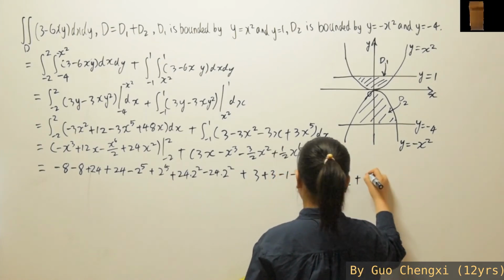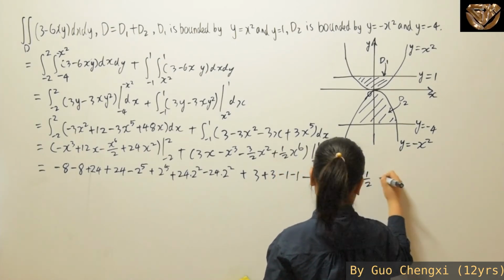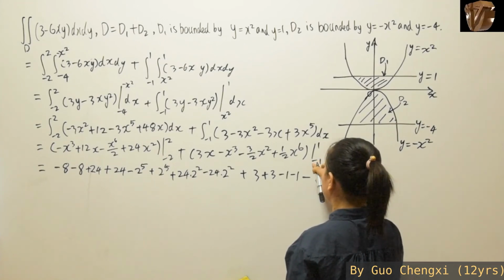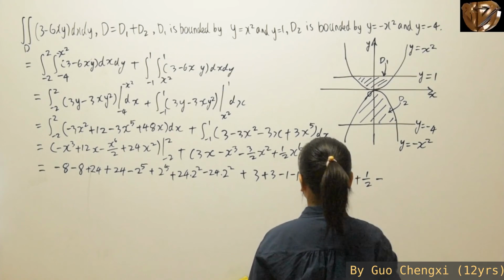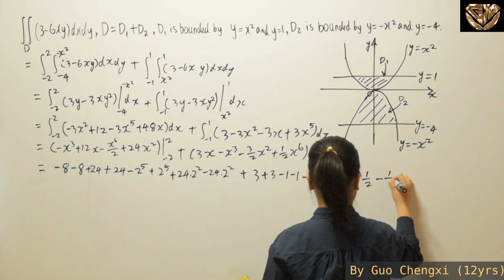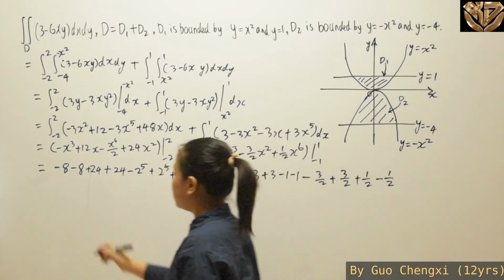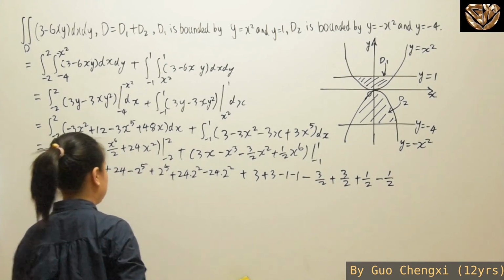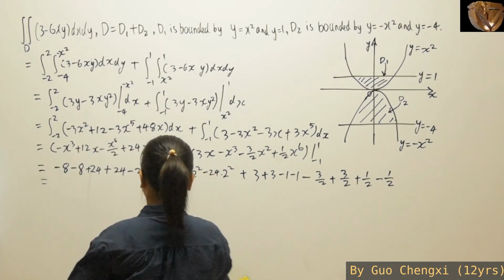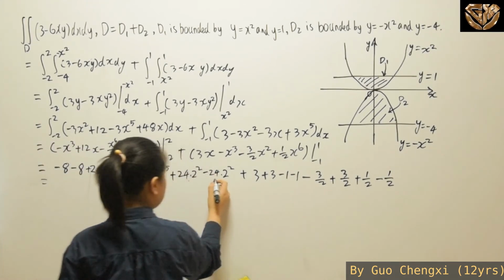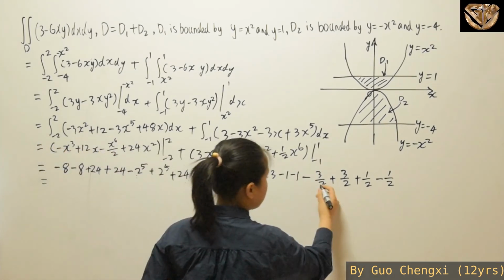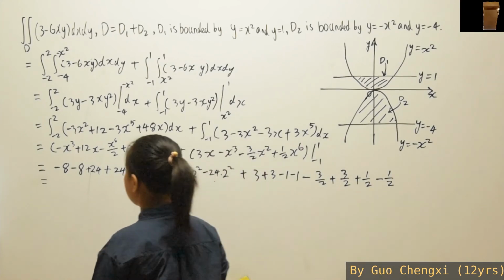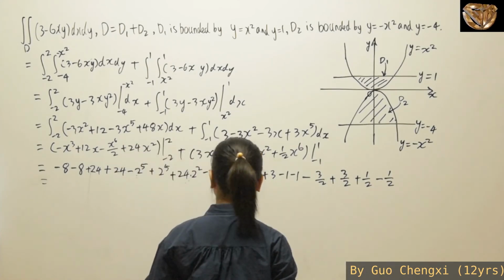Well, for this part you have half and then minus, so the negative over here would not affect the minus from the boundary because the power is even, so it becomes plus 2 minus 2. And if you didn't realize, these two and these two will just cancel each other out and end up with a 0.